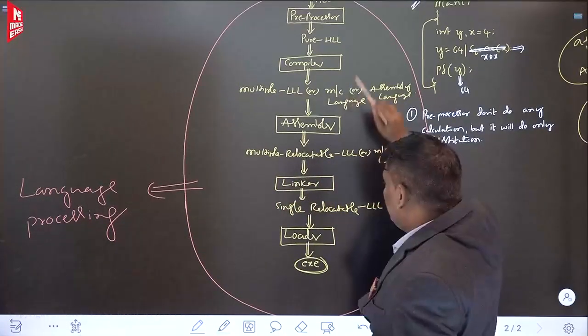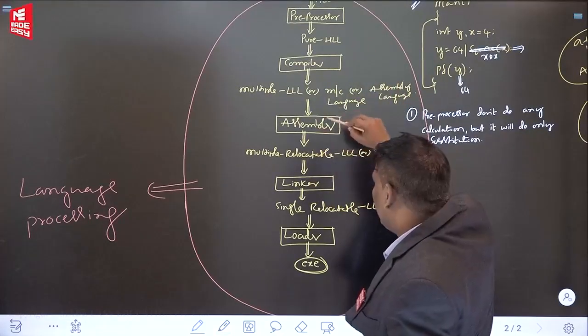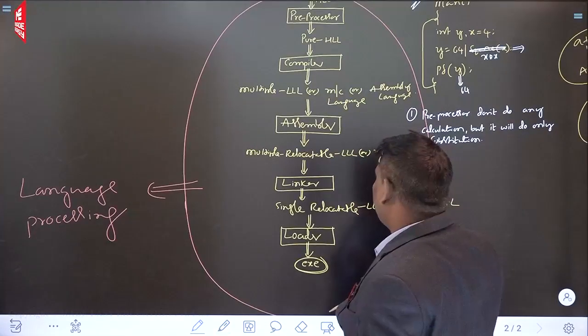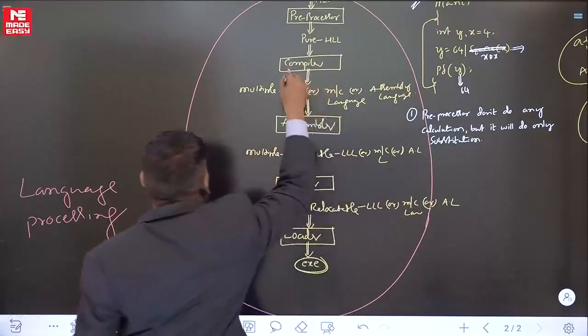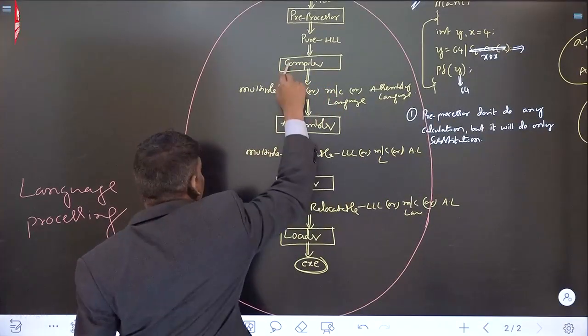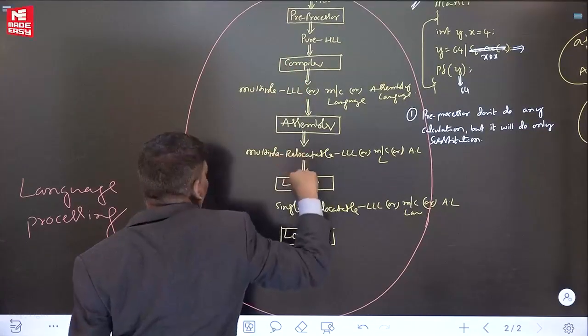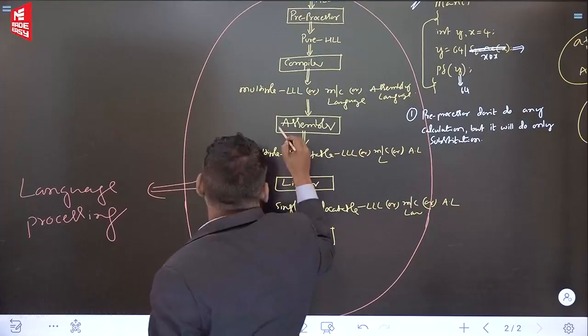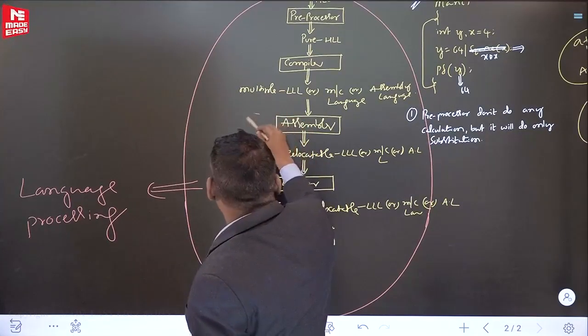Next, see this. In this language processing, after the compiler, whoever will come, these are the assembler, linker, and loader.